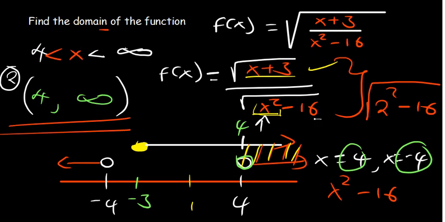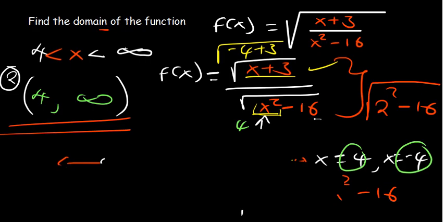Again, if you try a negative number that is less, and put it on the top, for example a minus 4, a minus 4 plus 3 is also going to make that function undefined. So the only domain we're interested in is from 4 going up. This is how you find your domain.